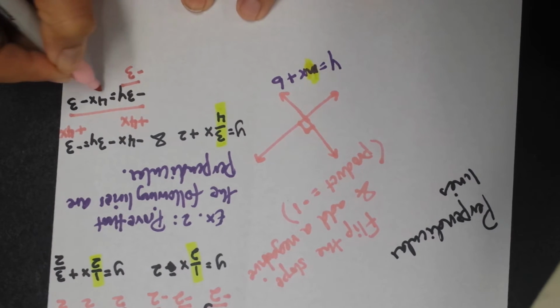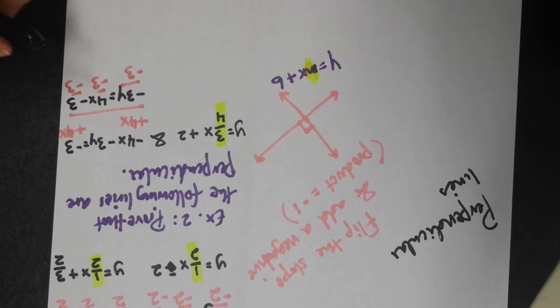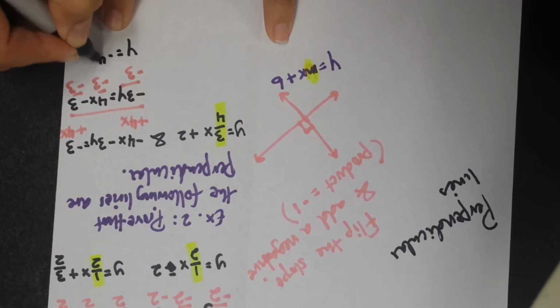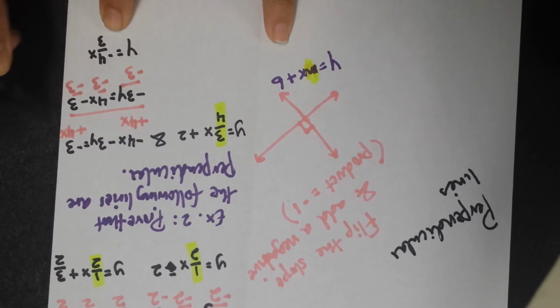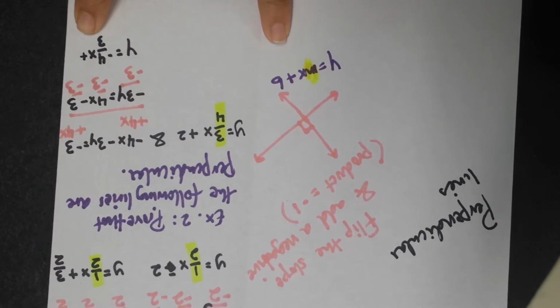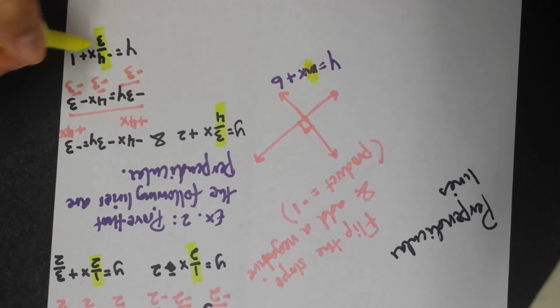Divide by negative 3 to everything. And what does that simplify to? y equals negative 4 over 3x. Negative divided by negative will give you a positive. 3 divided by 3 will give you 1. Perfect. So now we have the slope of that line, which is right before that x, which is negative 4 over 3.